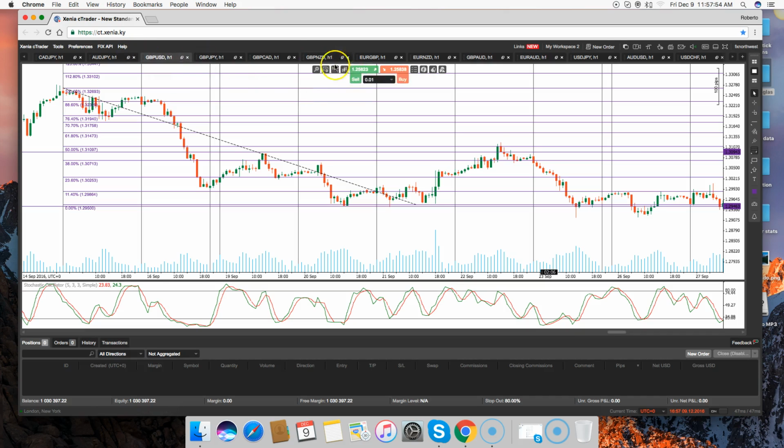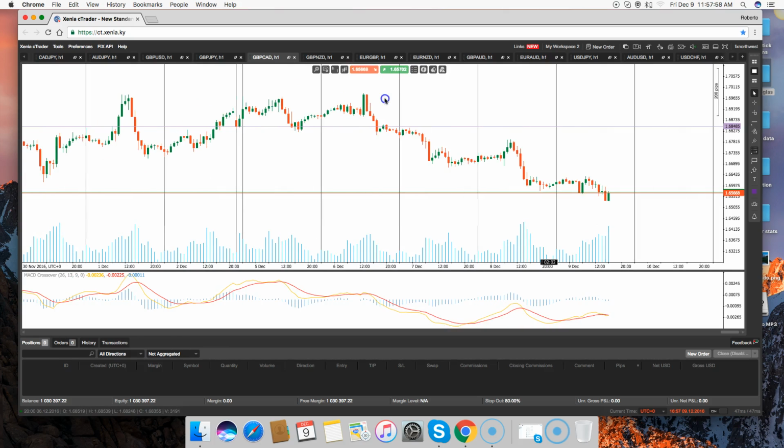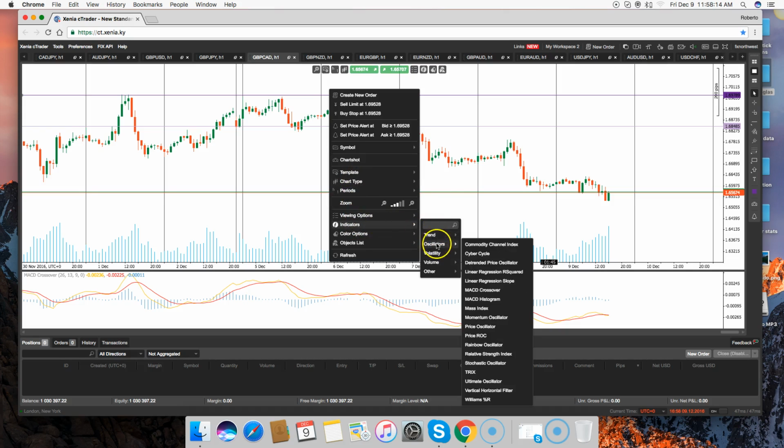Okay, let's look at another pair. This is the pound Canadian dollar, and here's a resistance level. First touch, second touch, third touch. The third touch gave us an inside bar, and I just have to add the stochastics indicator.